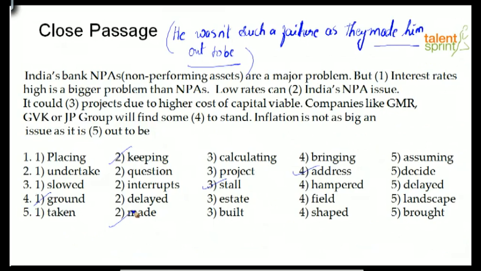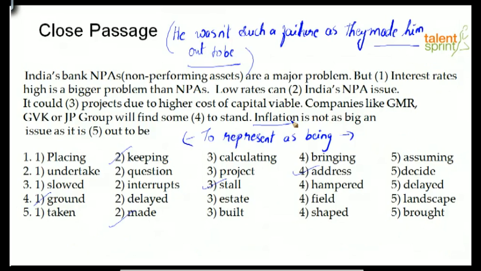We're talking about something being represented as this. When I say made out to be, it means to represent as being. So, what is being represented here? That inflation is a big issue. So, in the context, they are saying inflation is not as big an issue as it is made out to be.